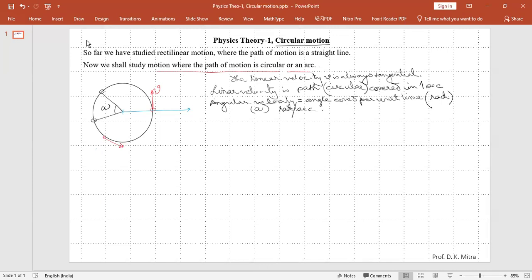There can be an angular acceleration also if there is a linear acceleration.